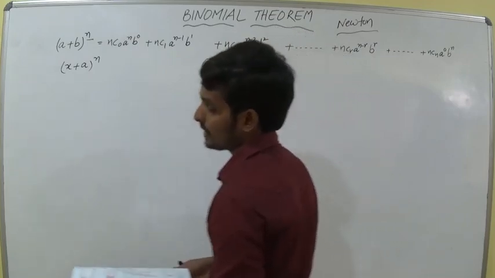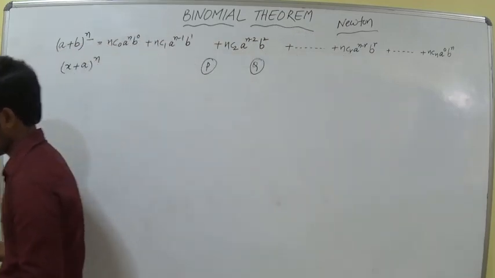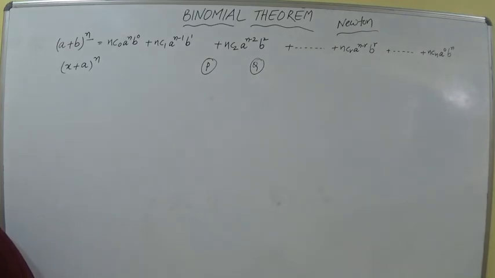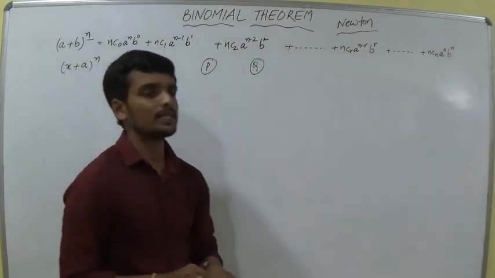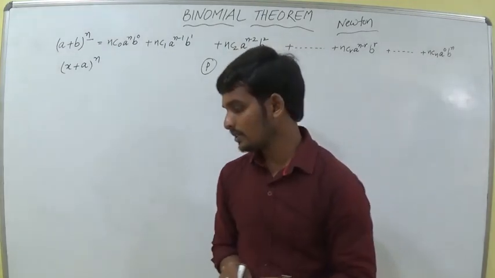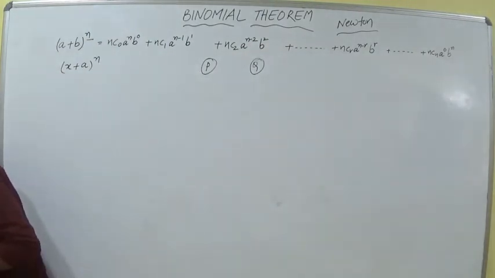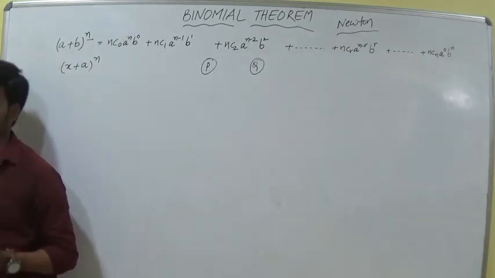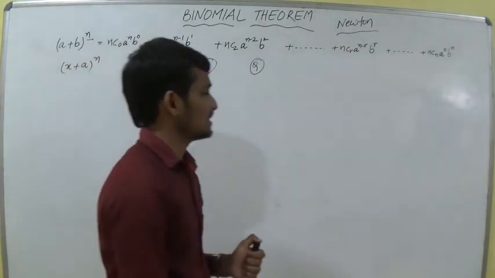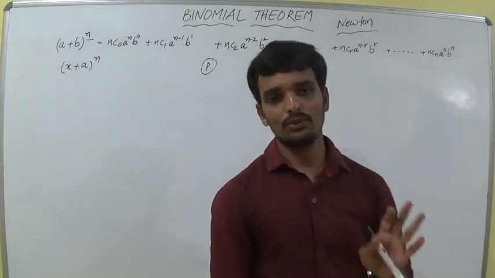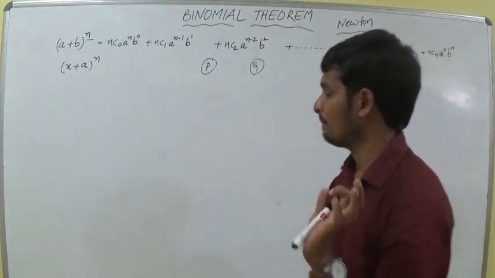They are asking some questions: p square minus q square, next 4pq, and the third p square plus q square. This is not tough, so we can do it by using our brain.